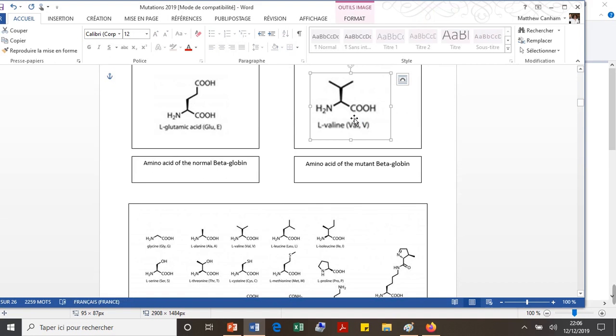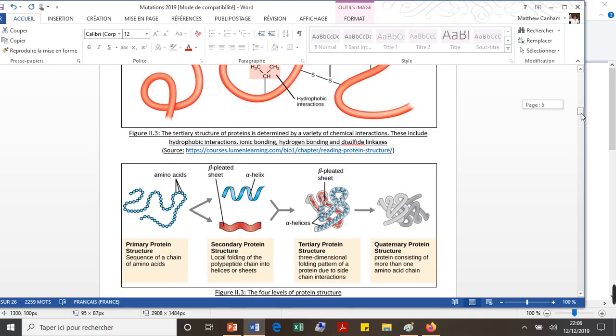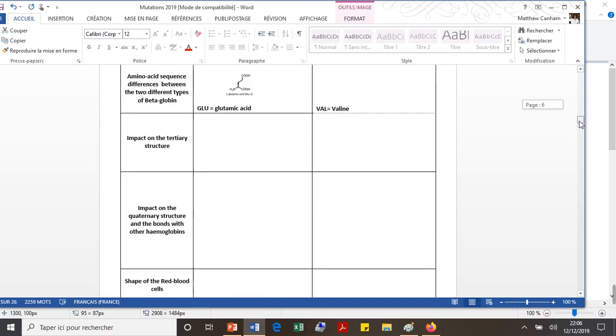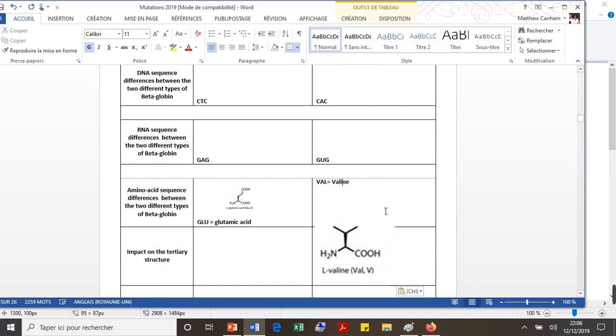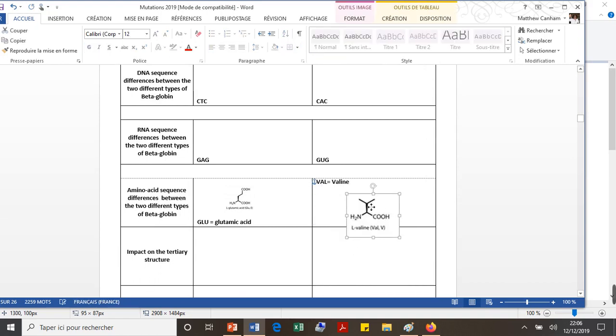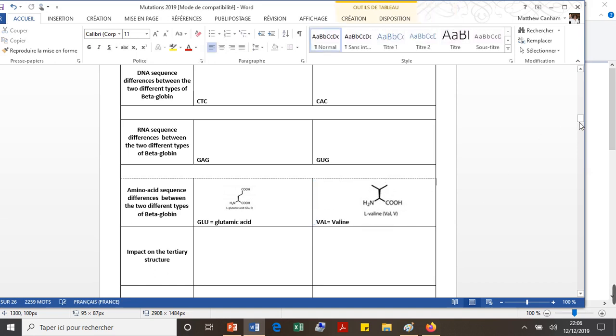The reason we're doing this example in detail is that you need to know this example for the back. You only need to know one detailed example of mutations, and it's this one. And the good thing is that you will all have the recap on this single page.